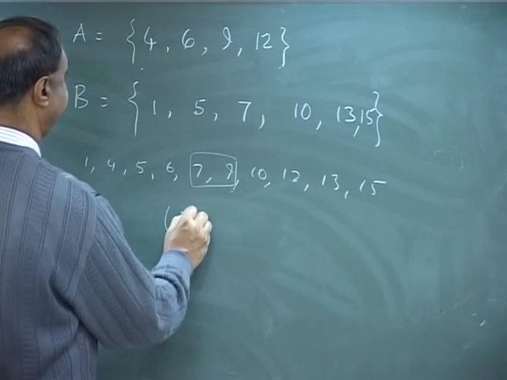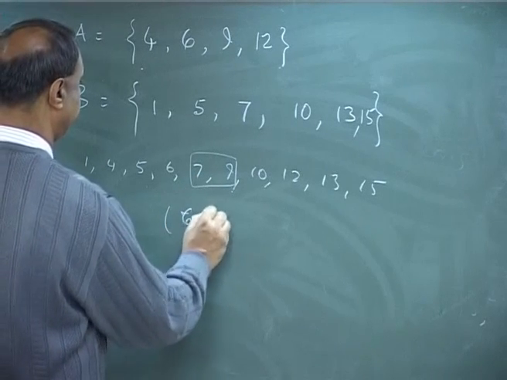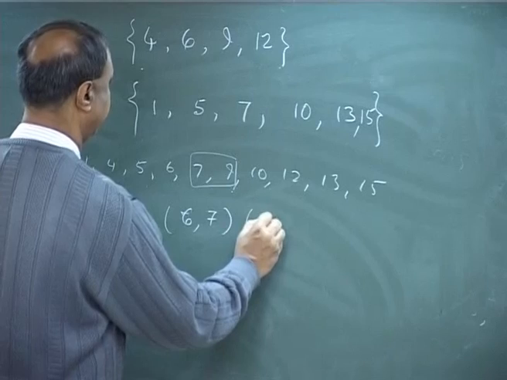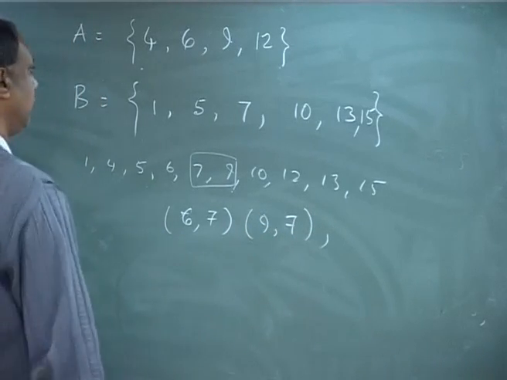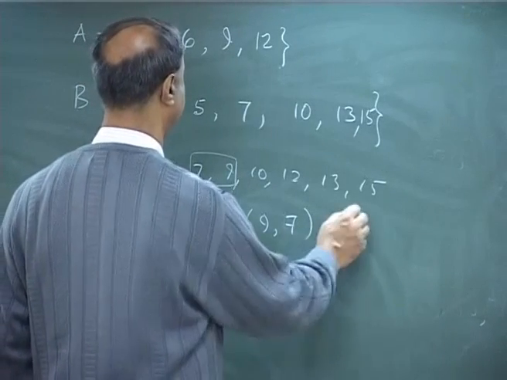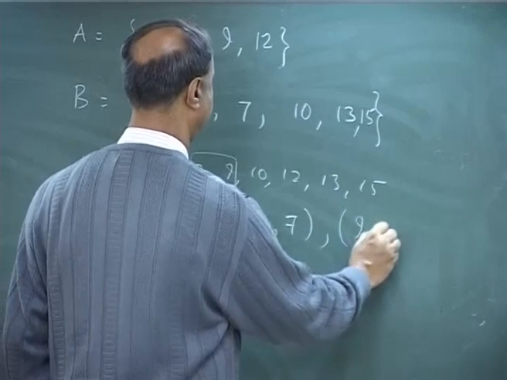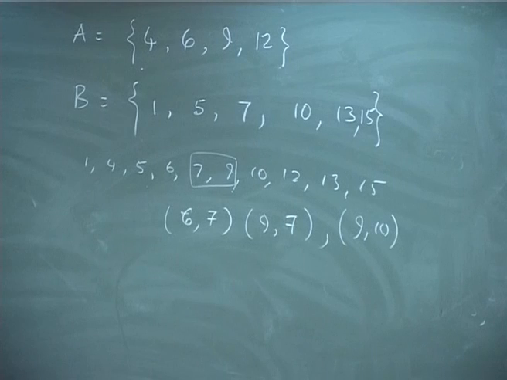If 7, so 7 is a possibility: 6, 7, then 9, 7. Now if it is 9: 9, 10. So these are the 3 values that can be possible candidates for your median pairs, right?